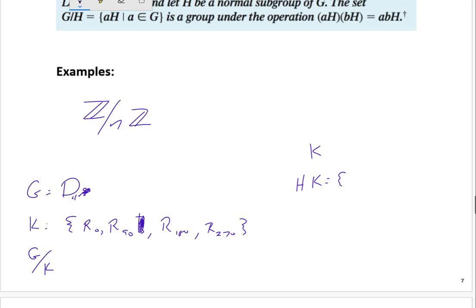Okay, so you would have H. Now, what do you get when you're looking at H composed with R90? Do y'all remember how to multiply elements in the dihedral groups?